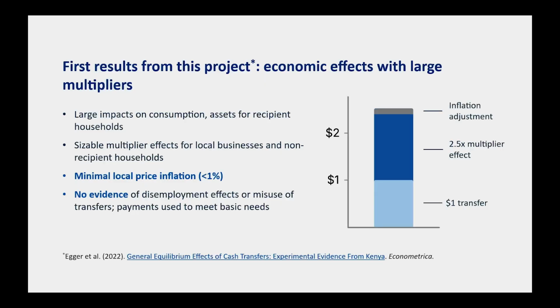We do find that there's a little bit of inflation in the areas that got a lot of cash, but it's only about 1% or less than 1%. It was minimal. So it goes in the right direction, but it wasn't that large given cash transfers of this magnitude. So that wasn't as much of a concern. And in fact, if you do the adjustment for inflation, so you have what we would call either real or nominal multipliers, they're very similar in this case.